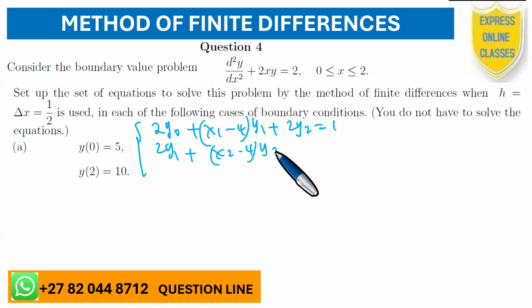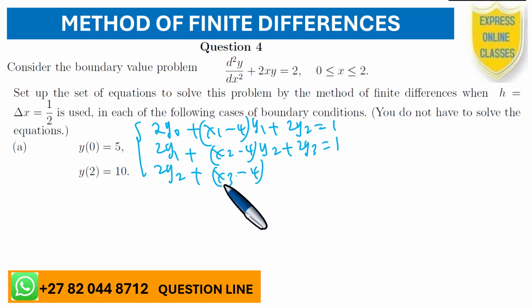Minus 4, which is actually y2 plus 2y3. Minus 4.